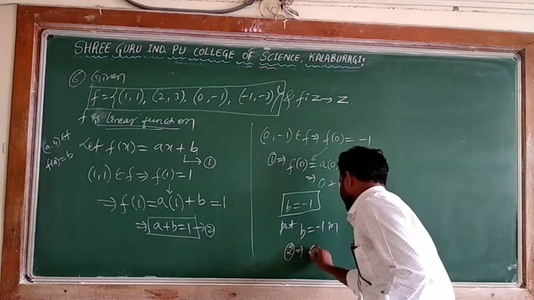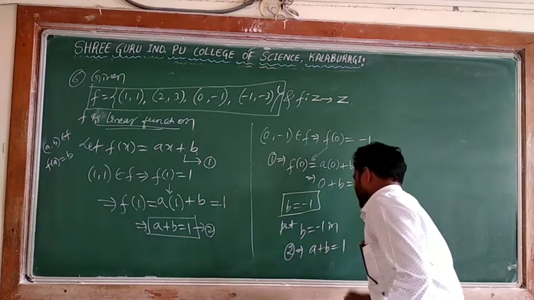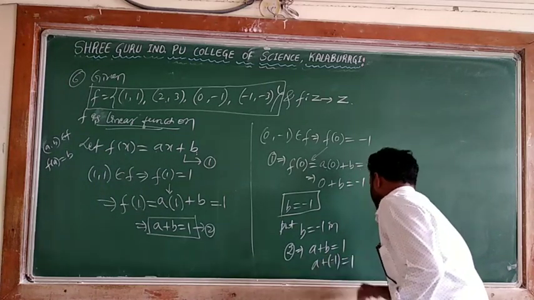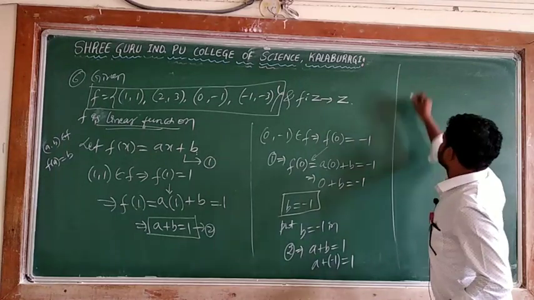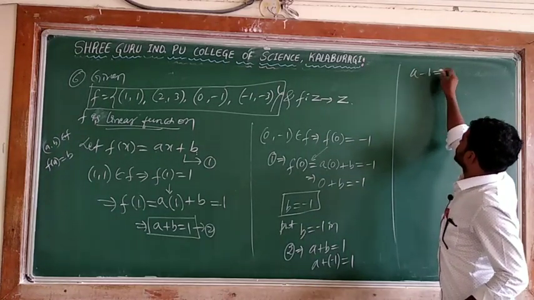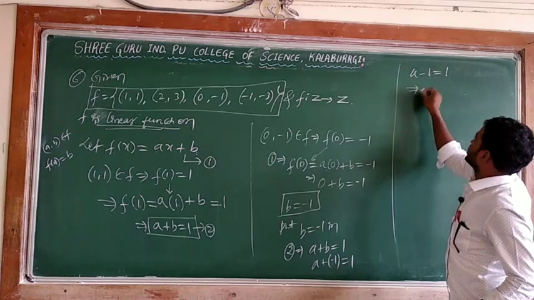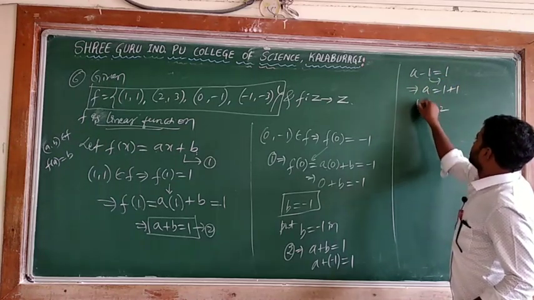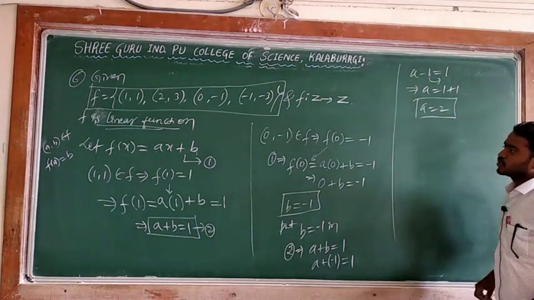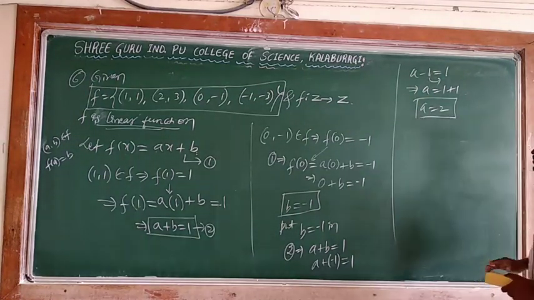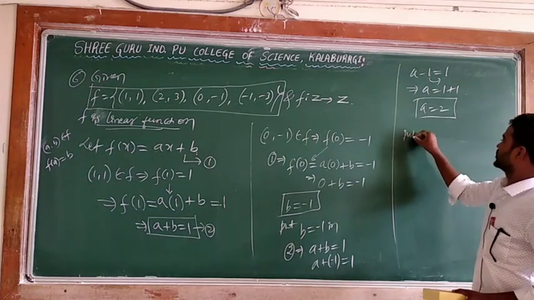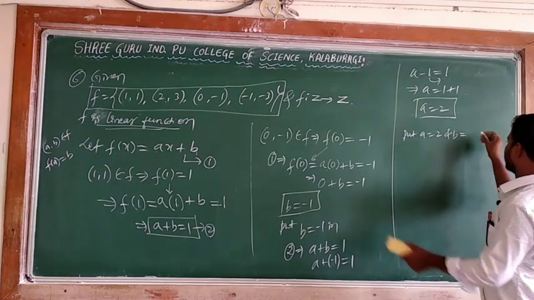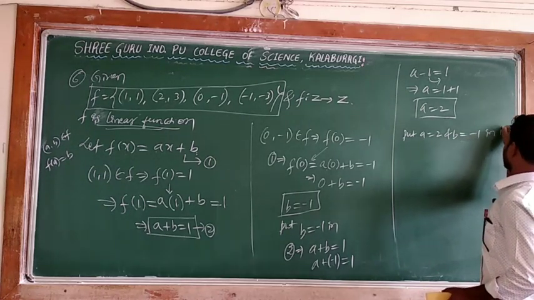Equation 2 gives a plus b is equal to 1. With b equal to -1, a minus 1 is equal to 1. It implies a is equal to 1 plus 1, taking the -1 across as plus 1. So a is equal to 2, and b is equal to -1. Now put a equal to 2 and b equal to -1 in equation 1.